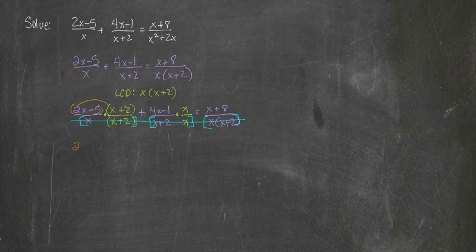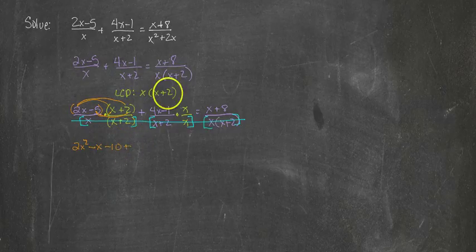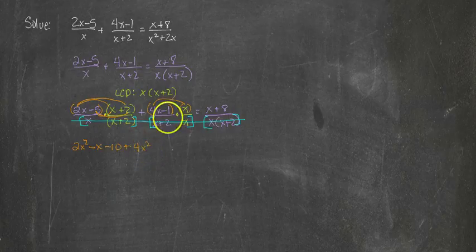2x times x, 2x², 4x, minus 5x, minus x, and negative 10, plus x times 4x, 4x², minus x, equals x + 8.